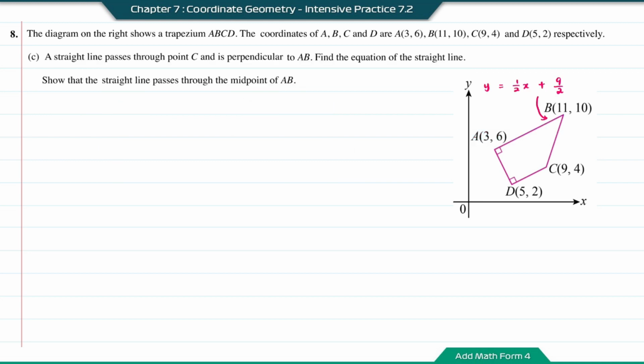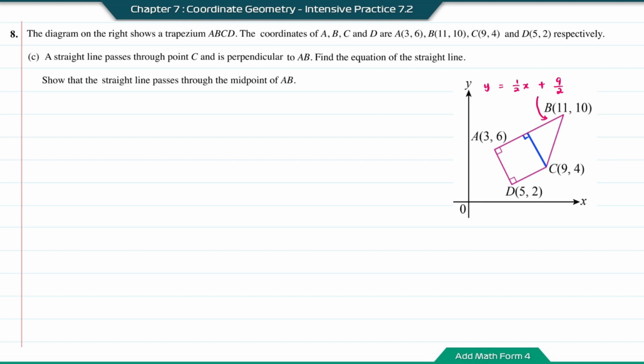Question C. A straight line passes through point C and is perpendicular to AB. Find the equation of the straight line. Show that the straight line passes through the midpoint of AB. So the equation that we want to find will be the equation of the straight line in blue here. As the straight line is perpendicular to AB, this means when we multiply the gradients together, the answer is equal to negative 1.